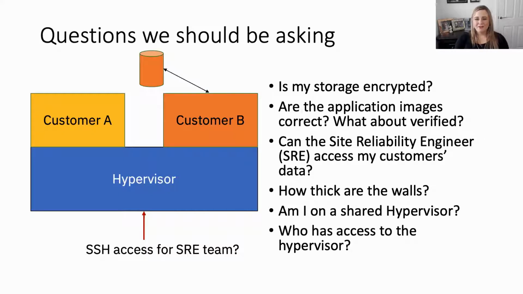What about how thick are the walls? So what do I mean by that? I'm running containers, and if you're familiar with containers that use runc, or let me pick on Docker, which I gave as a good example last week, because most of us are most familiar with Docker's implementation. Docker runs a daemon process that is generally going to have root privileges.